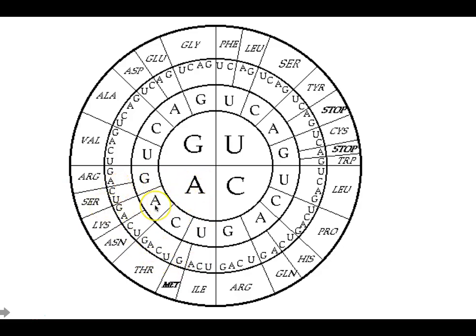The second letter is the second circle, and the third letter is your third circle. I'm sorry, so it's AUG. A is the first one, U is the second one, and then G is the third one. So A, U, and G.